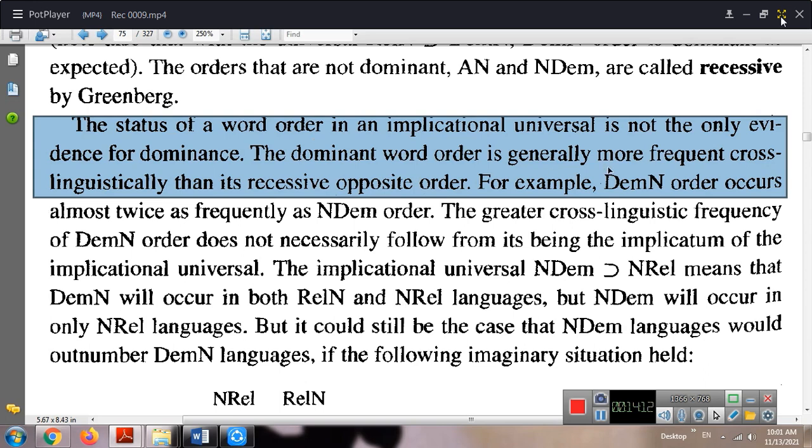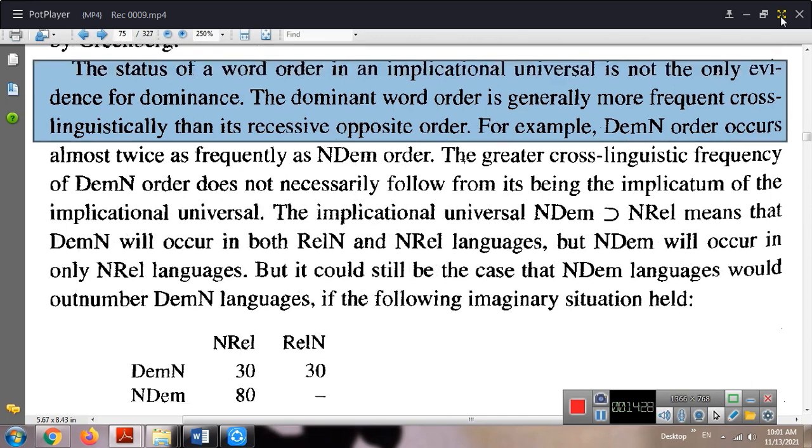For example, demonstrative noun order occurs almost twice as frequently as the non-dominant order. This is the dominant one, and this is the recessive one. This is more frequent than this one. The greater cross-linguistic frequency of demonstrative noun order doesn't necessarily follow from its being the implicatum of the implicational universal.